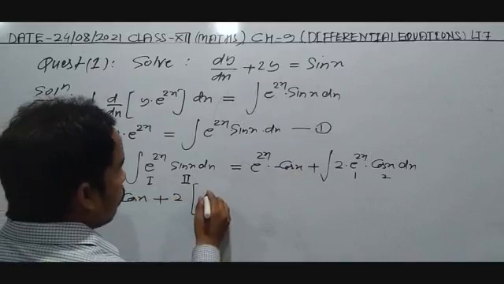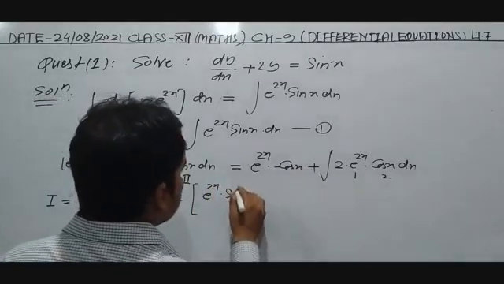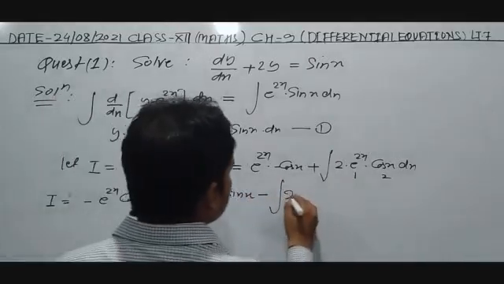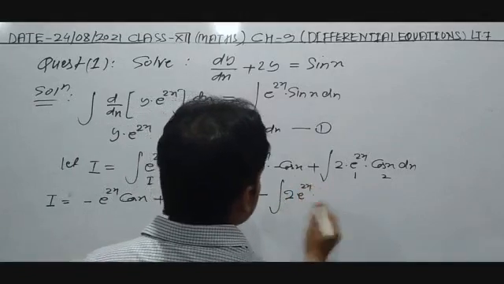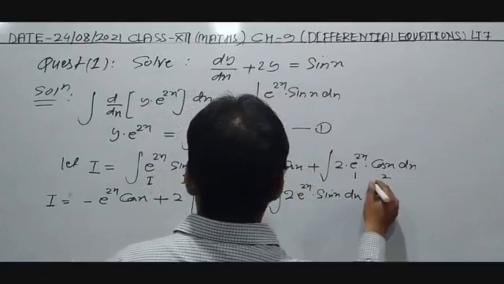The result will be first function times integration of second function, that is sin x, minus integration of d by dx of first function, which is 2 times e to the power 2x, and integration of second function, that is sin x, dx.